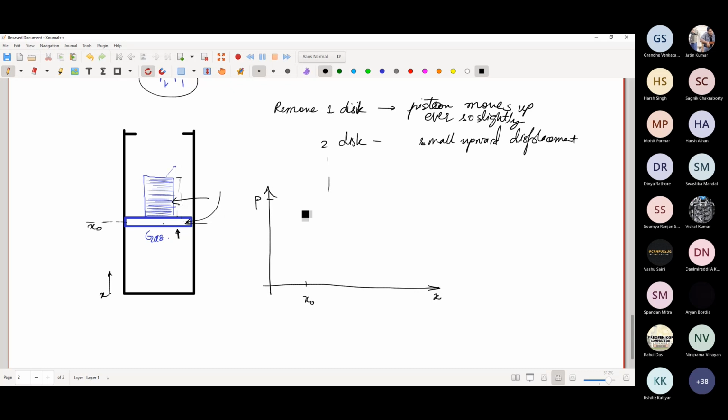So suppose this is x naught, and it's at some pressure. So in the first experiment where you're removing one disk at a time, suppose that the entire process is isothermal. We can also assume that process is isothermal, meaning that at any given point the temperature of the gas is not changing. Then how will the P versus X curve look like?